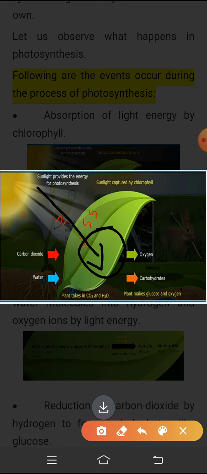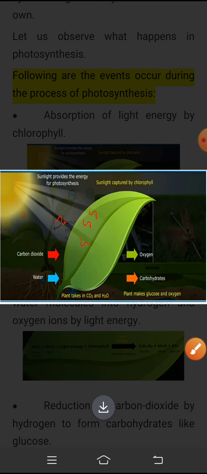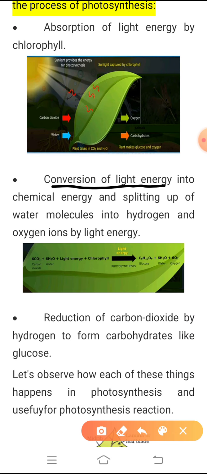Once this sunlight has been absorbed by the chlorophyll in the leaves, what is the next step? What happens in the next event? That is conversion of light energy. Once the light has been absorbed, this light energy is converted into chemical energy.